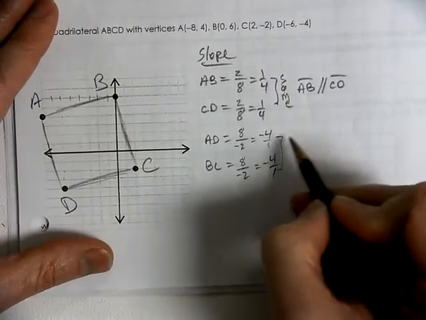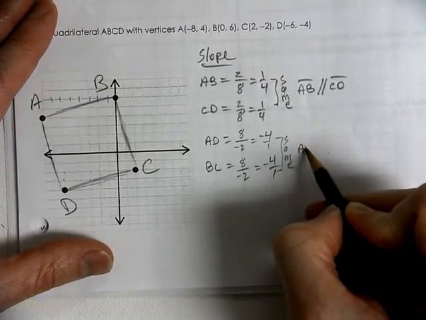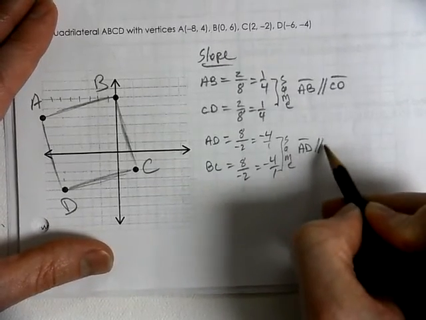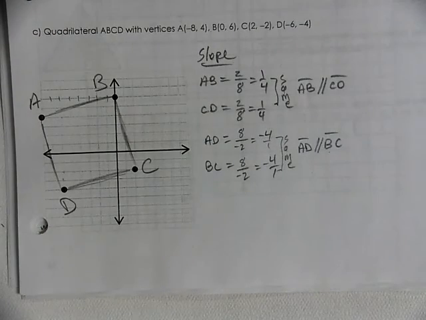So we see that these are the same. So we know that AD is parallel to BC. So now I know I have a trapezoid. I'm sorry, I said trapezoid. Now I know I have a parallelogram, not just a trapezoid.